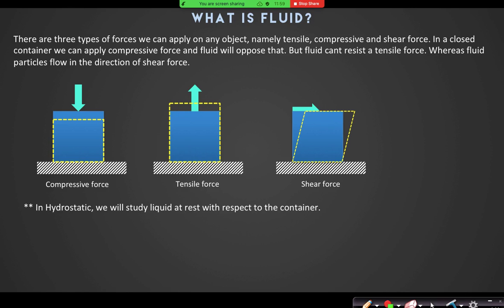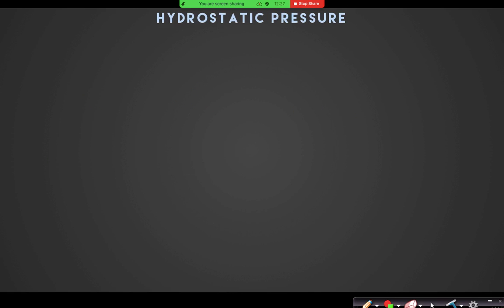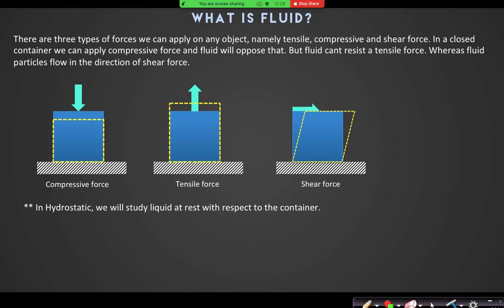If your container is a pipe and fluid is flowing inside the pipe, then it is not a hydrostatic condition, because with respect to the pipe, the fluid particles are not at rest. But if you have a box or any vessel that is moving with acceleration, but fluid is at rest with respect to that vessel, it is hydrostatic. So first, tell me if there is any doubt.